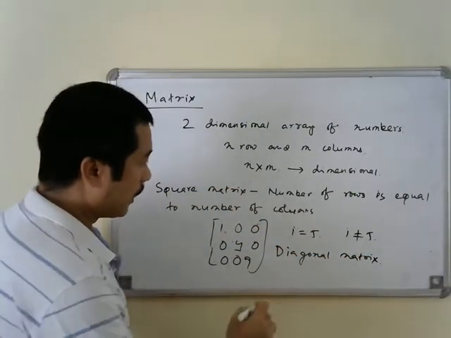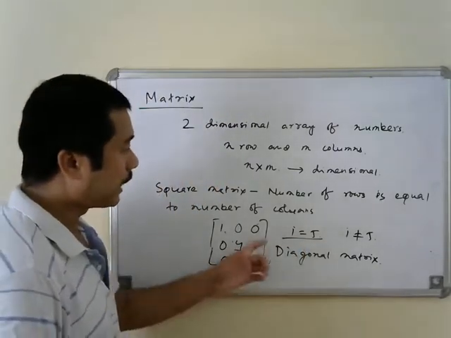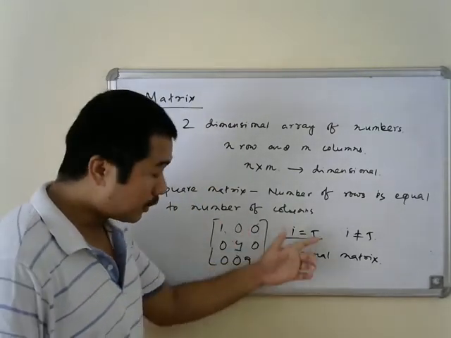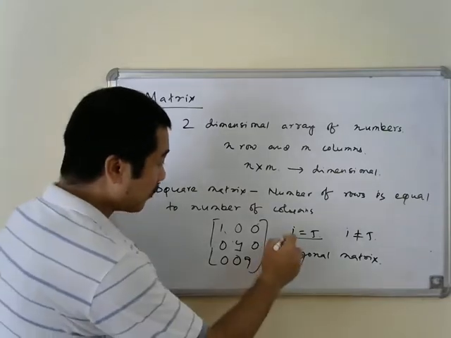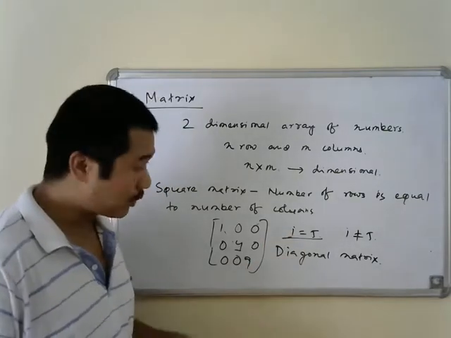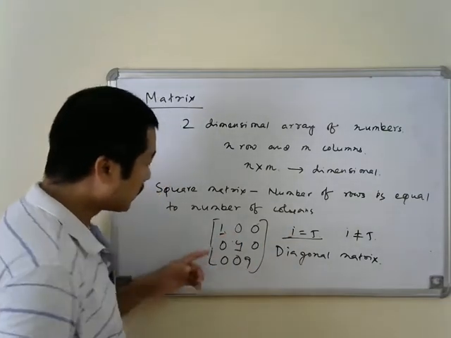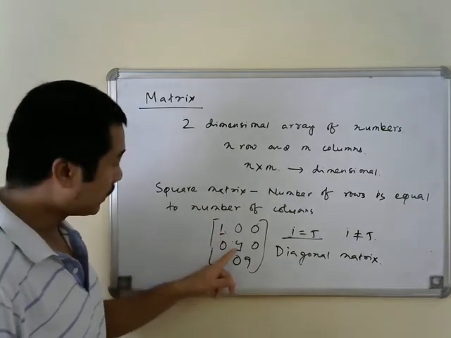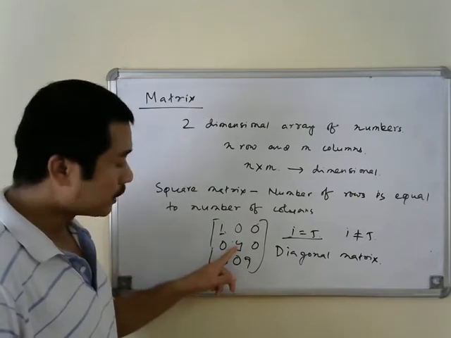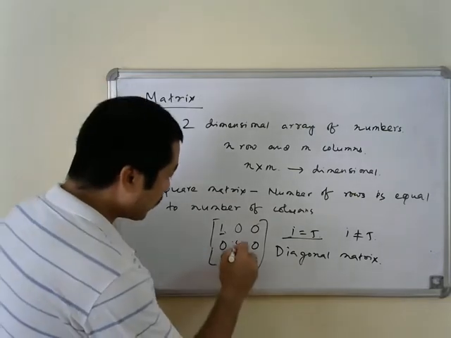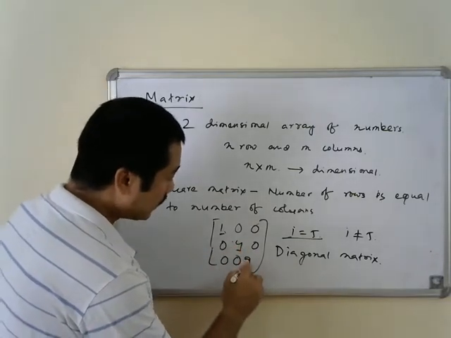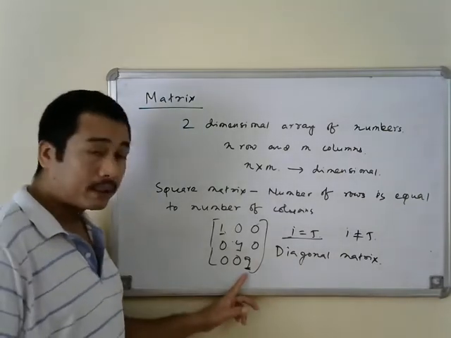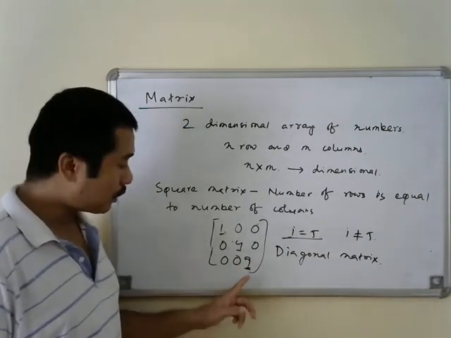So elements within a matrix for which i is equal to j, that is the number of row is equal to the number of column. Say for this element, its row number is equal to 1 as well as the column number is equal to 1. For this particular element, its row number is equal to 2 and the column number is also equal to 2. And this element, row number is 3 and the column number is also equal to 3.